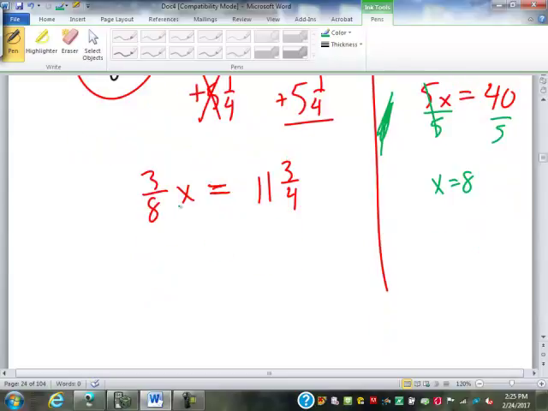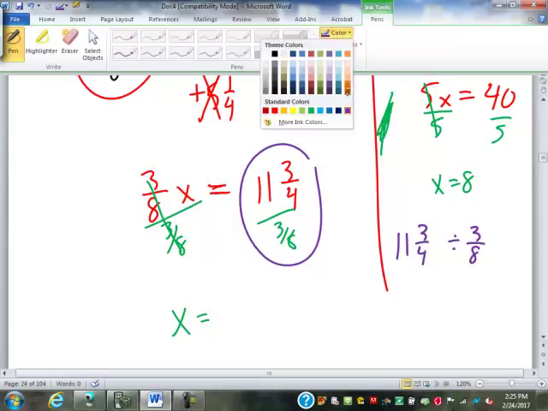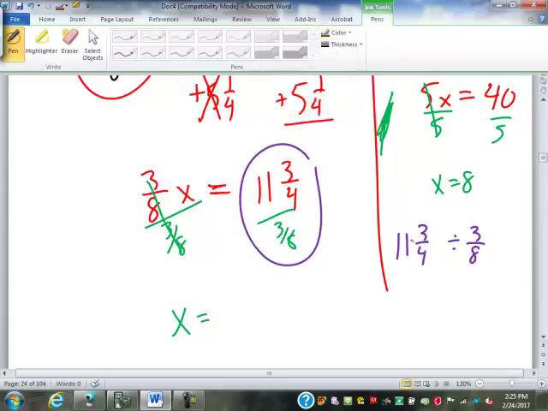On the left side, what's the equivalent step? Divide by 3/8. So we're left with x here. Now we have to do the 11 3/4 divided by 3/8. We have to make that into an improper fraction. 11 3/4 becomes what as an improper fraction?